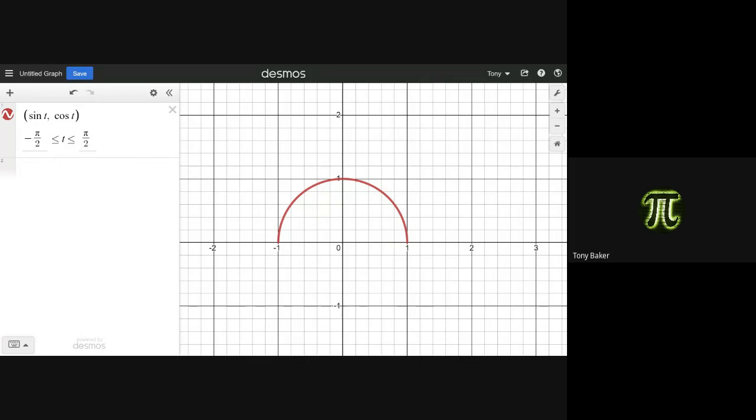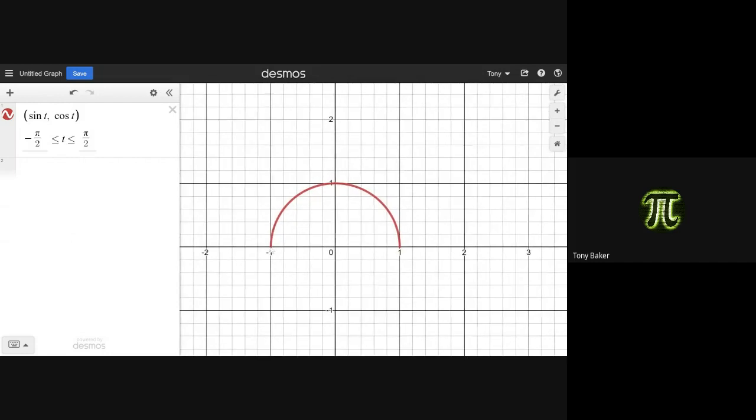And that's what you should get. You should actually get a half circle. Because the first one should have been -1 and then 0.